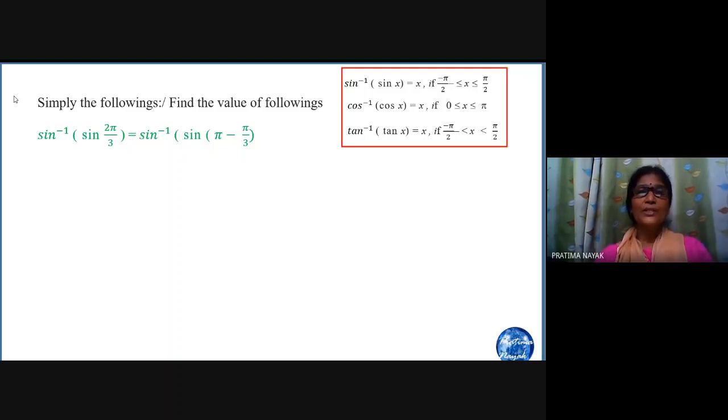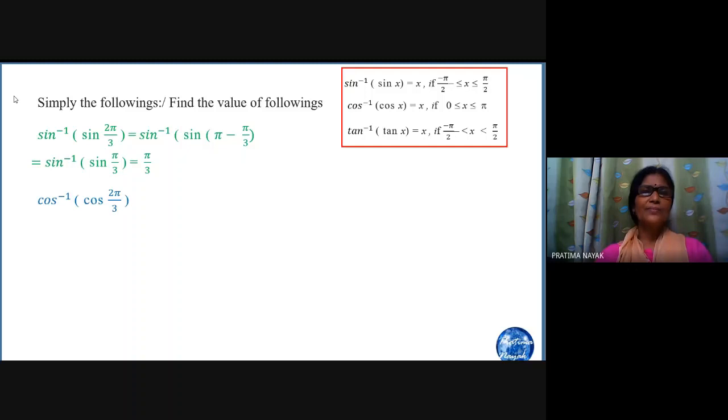But 2 pi by 3 is greater than pi by 2. So we write it as pi minus pi by 3 to bring it into that interval. And we know that sine of pi minus pi by 3 is the same as sine pi by 3. So sine inverse sine pi by 3 will simply be pi by 3 according to the concept.